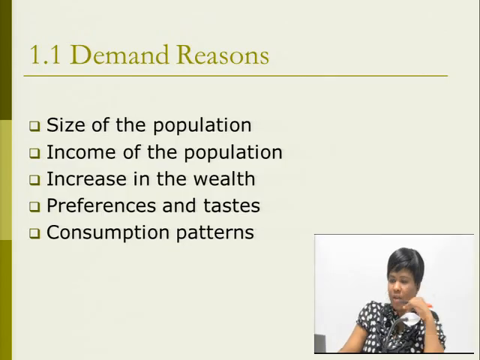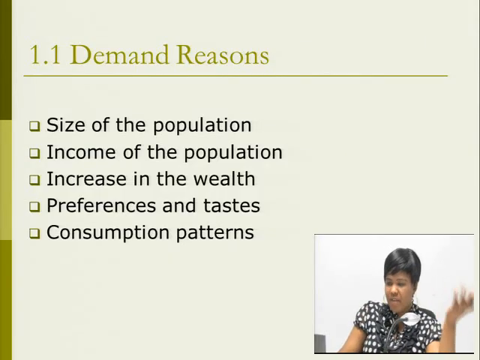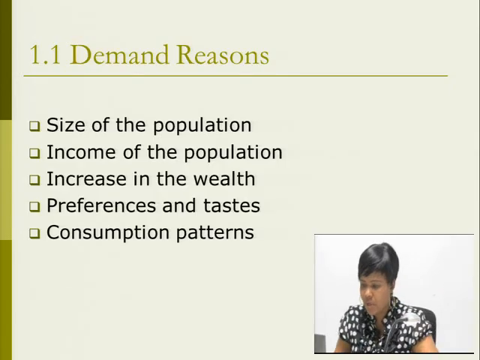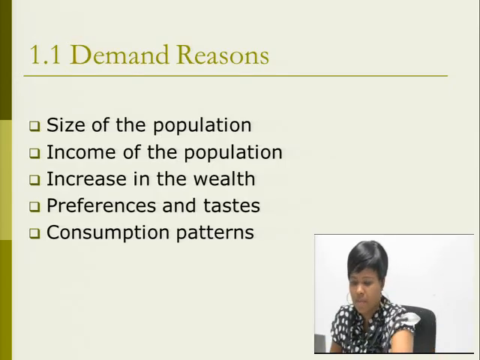And then for us to recall all this information regarding the demand reasons, very important, we need to recall the following: the size of the population, income, wealth, preference, and consumption. So let us look at how we can recall these things.